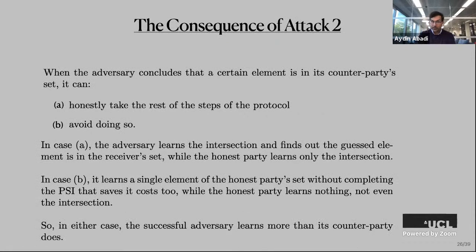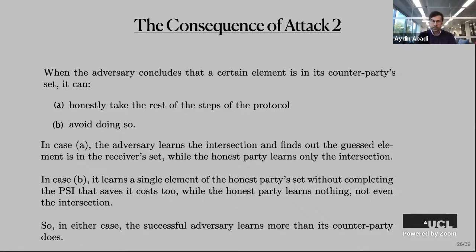So the adversary can see the result of this attack before the PSI protocol is completed. So it has at least two options. It can carry on the protocol and finish, or it can halt after it learns that it successfully carried out its attack.